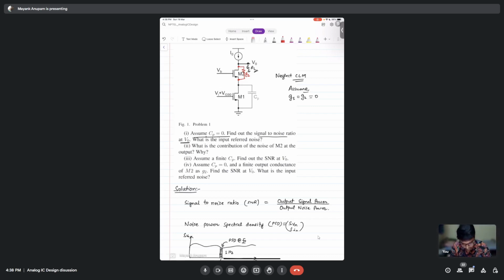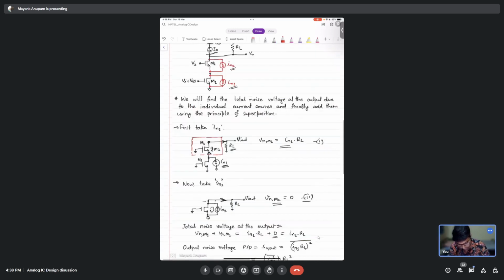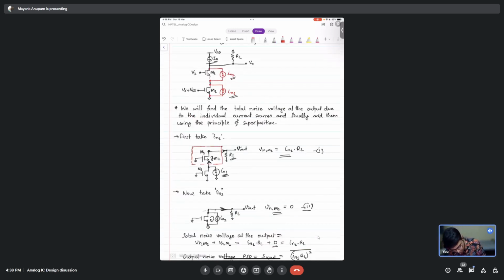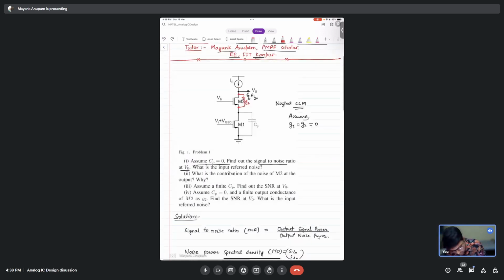Look at this figure. Do you think that if there was some G2 here, something would have been different here? No, sir. Right. So it is basically not G2 but G1. When we ensure that this G1 is 0, that made sure that the contribution of this noise current of M2 was 0, right?